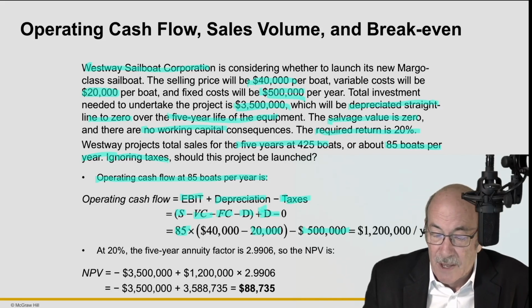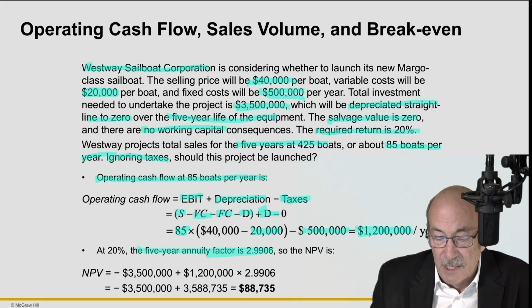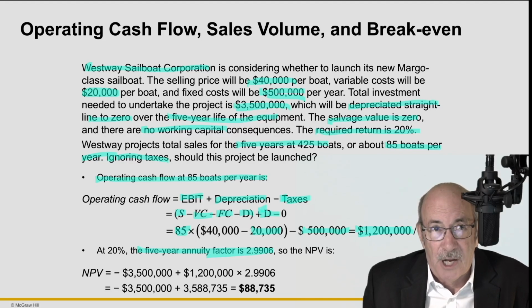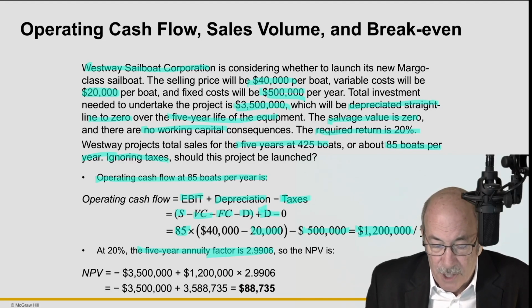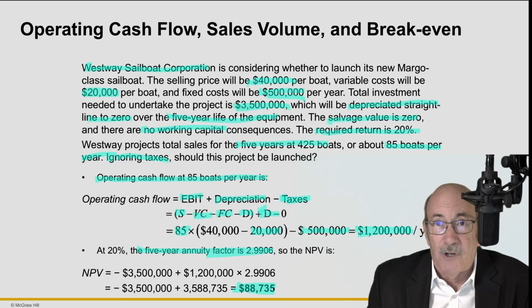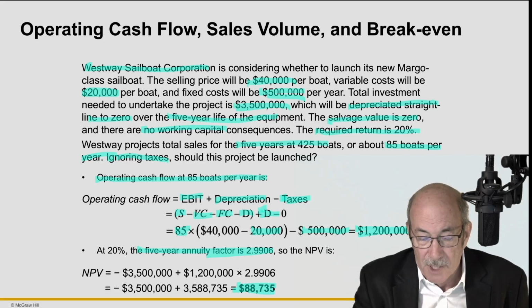That means we have an operating cash flow of $1.2 million per year. At 20%, the 5-year annuity factor is 2.99. When we multiply 1.2 million by that and then subtract off the original cost of the project, $3.5 million, we end up with a positive NPV of $88,735. So we would take the project in this case.